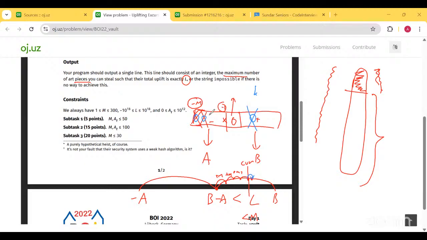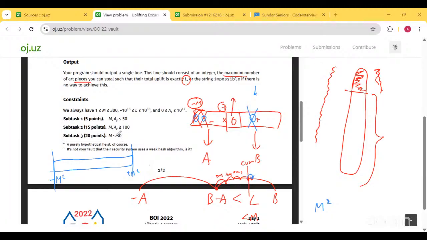So in fact, we will never use more than m square. So in our knapsack, we can just make the state from minus m square to plus m square. Alright, the state is only from minus m square until plus m square.